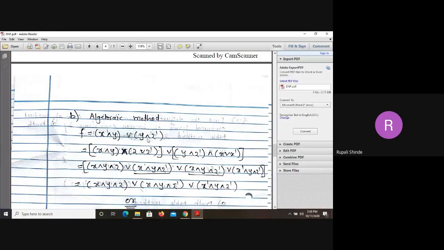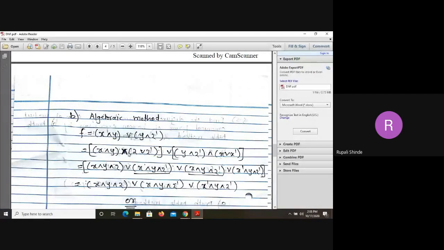The second term contains two variables, y and z complement. So for this first bracket, which term is missing? z. And z, correct. So we have to add it ourselves.